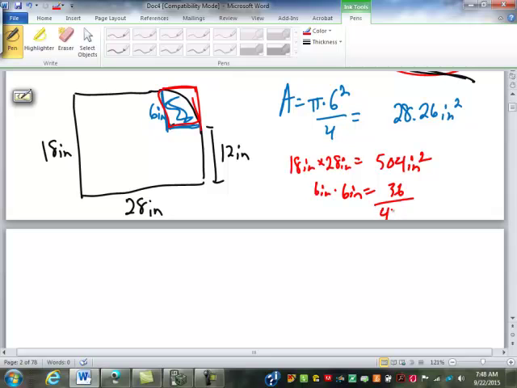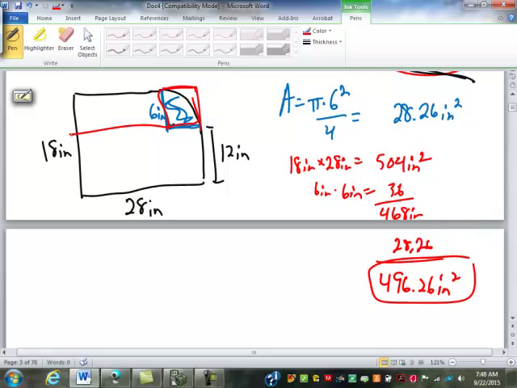So that's 468. Then we have to add back in the 28.26, which is 496.26. Or you could have cut this up and had a 6 by, this is 6 inches, so this would have been 22 inches. So you'd add a 6 by 22 and a 12 by 28 and add those up. Either one would have worked.